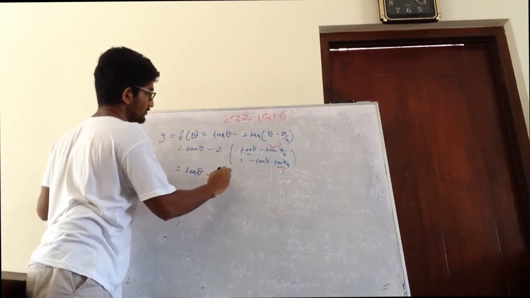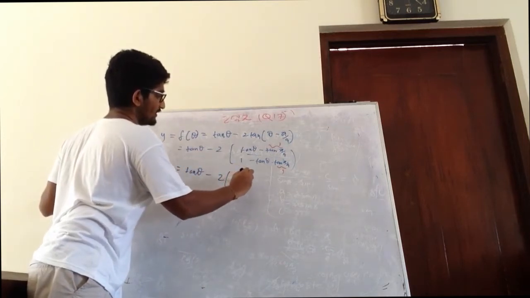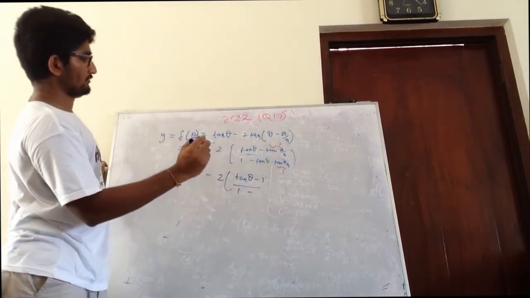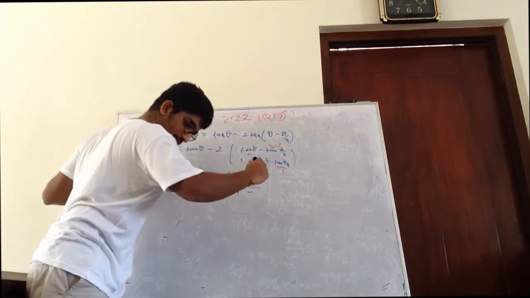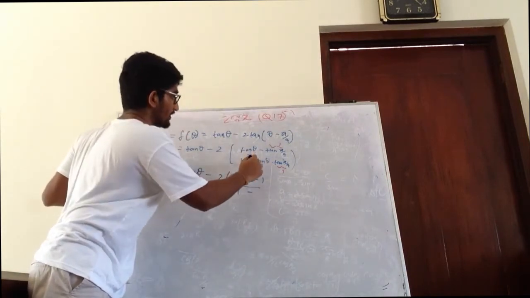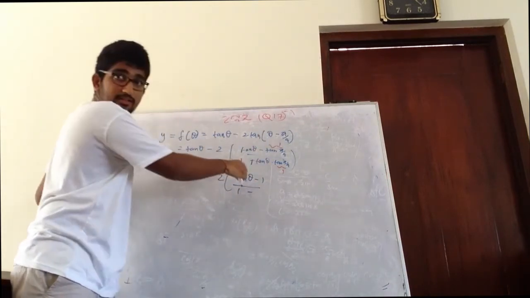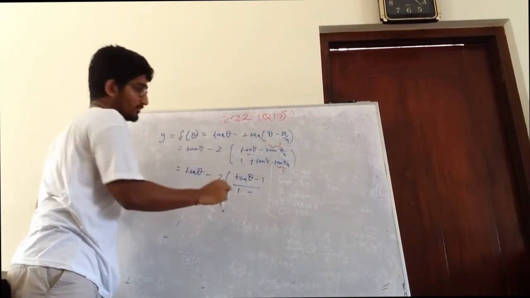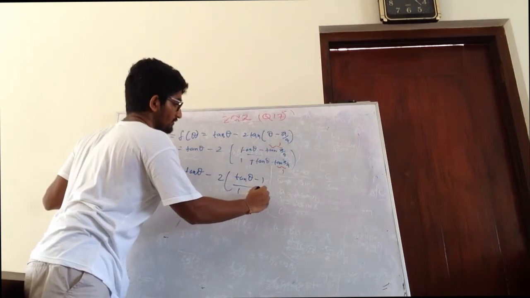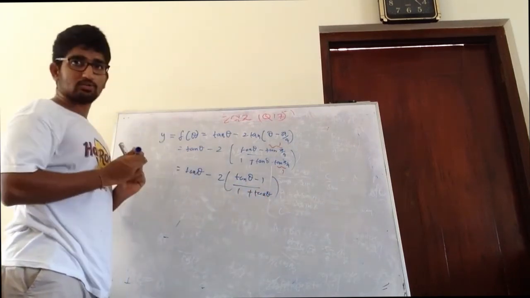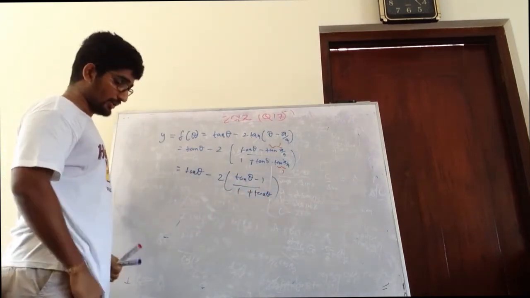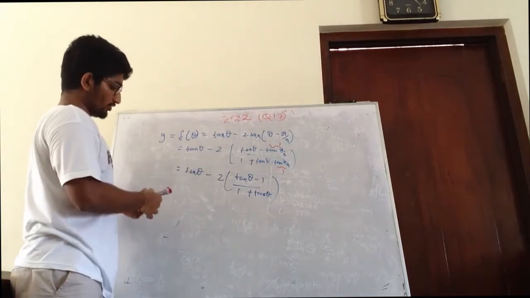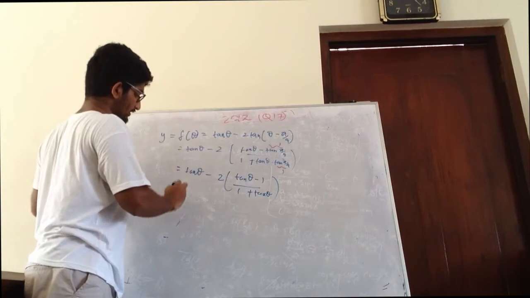That means tan theta minus 2 tan theta minus 1 minus tan theta. So this is plus, because this is minus, so this will be plus. Correct? Then let's take this as a common factor here.